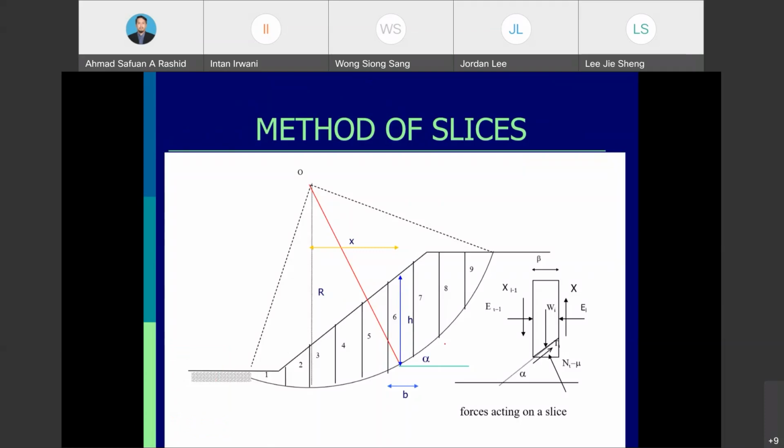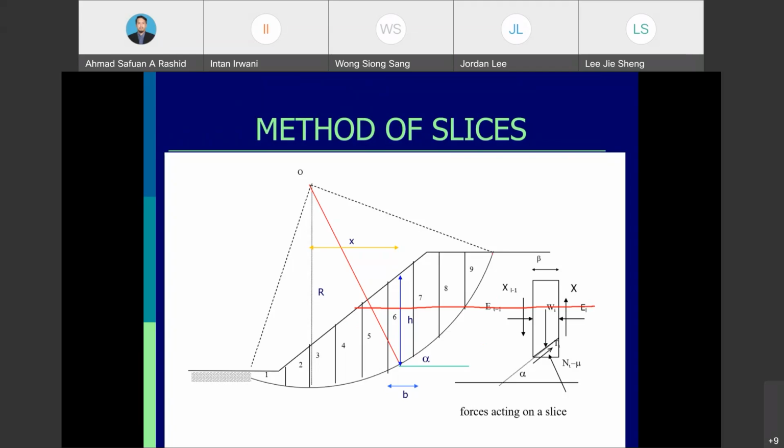The most important thing that we need to consider, for example, if we have two layers of soil, is that we need to make sure that the soil properties at the failure surface represent one type of soil only.